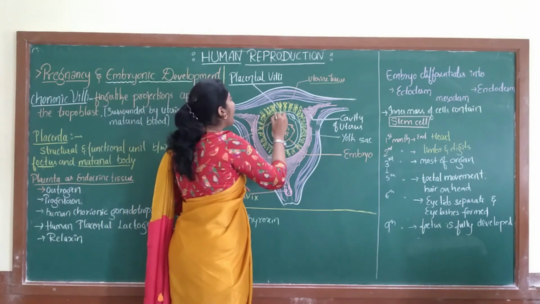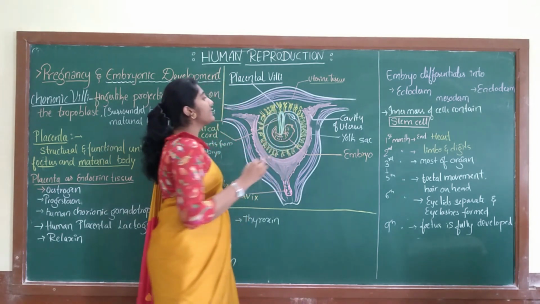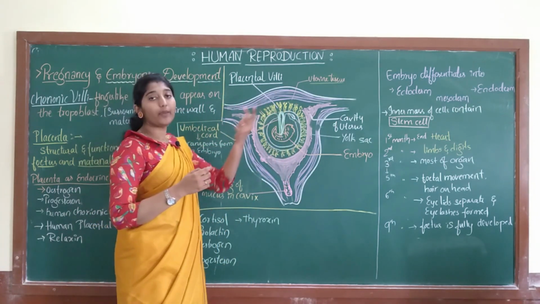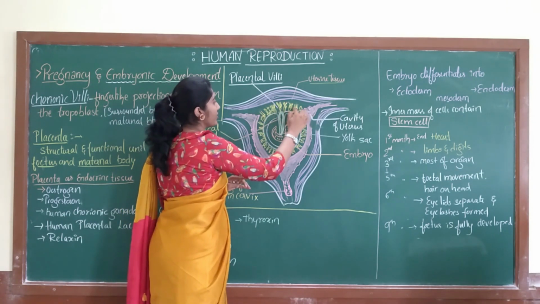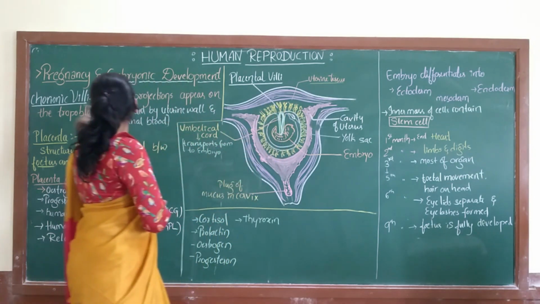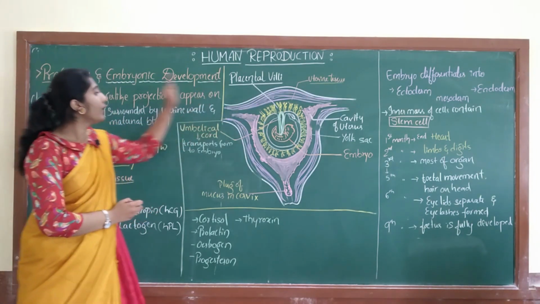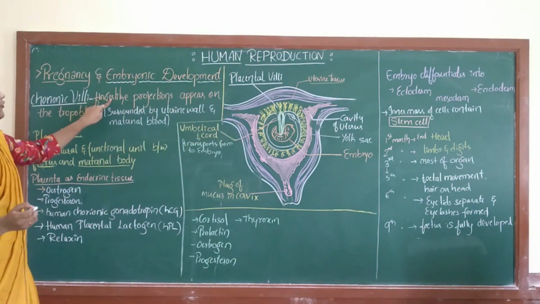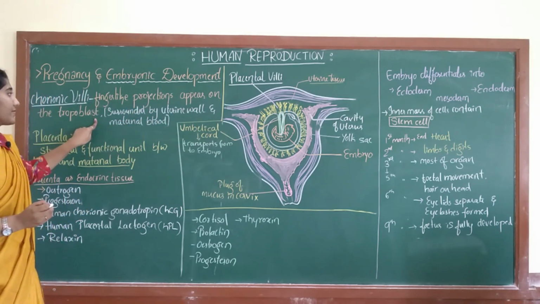The outer layer of the trophoblast forms itself into finger-like projections. These yellow colored finger-like projections are called chorionic villi. So what you can see here, the chorionic villi are the finger-like projections that appear on the trophoblast.